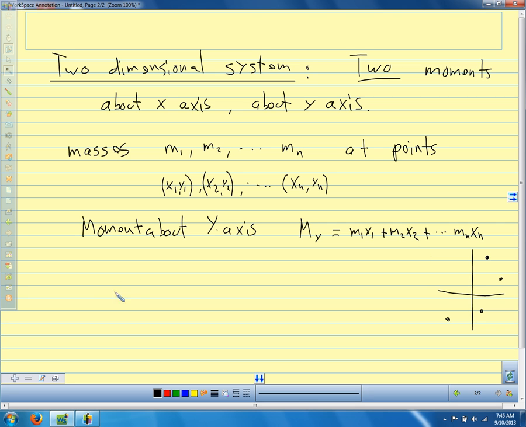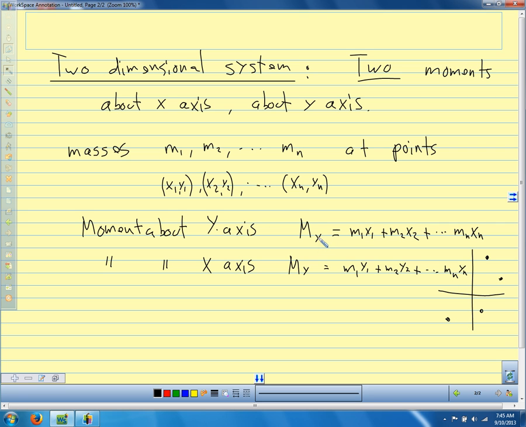And the moment about the x-axis, we say m sub x. The distance of a discrete point from the x-axis is the y-coordinate. So we get m1 y1 plus m2 y2 plus dot dot dot m sub n y sub n.